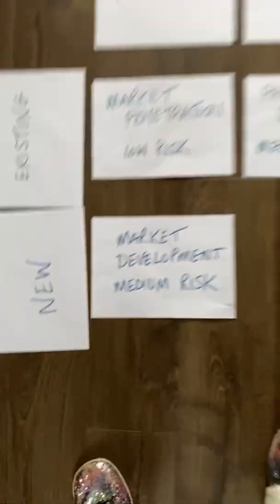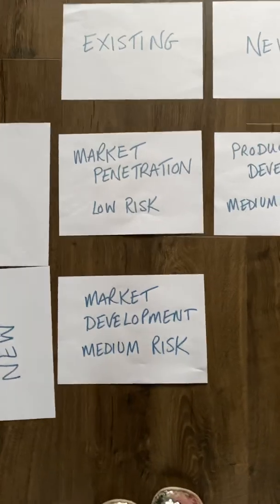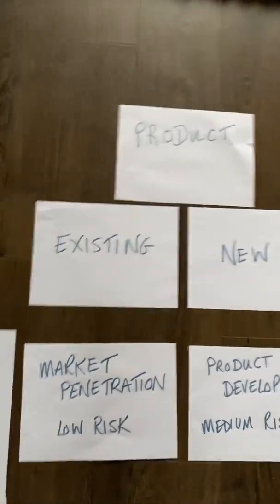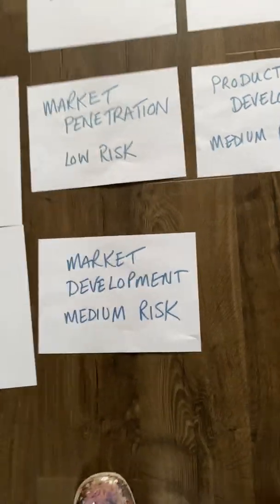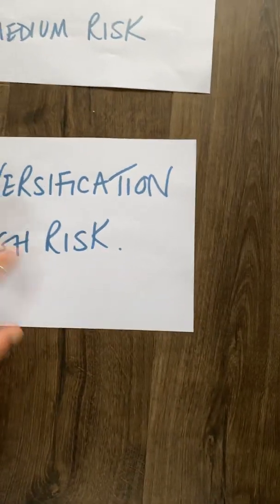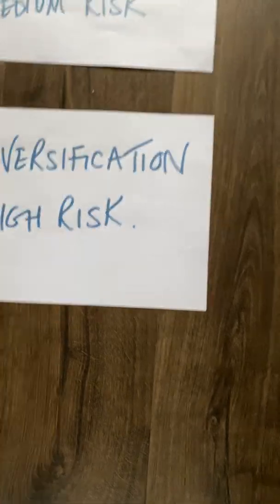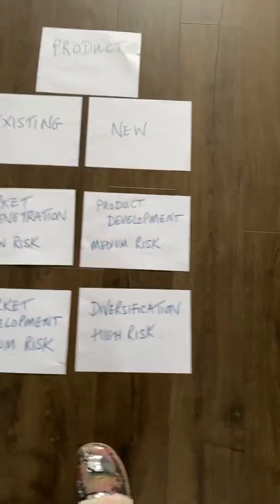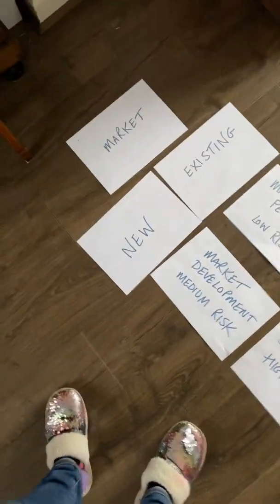Market development is where you've got existing products in new markets. Both of those are a medium risk. And finally, our fourth option is diversification. This is when you do new products in new markets.